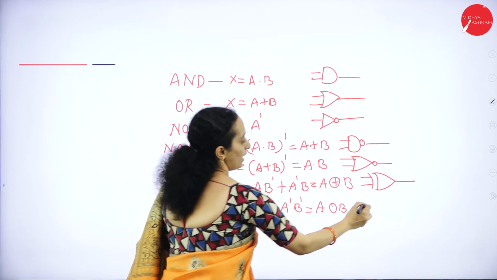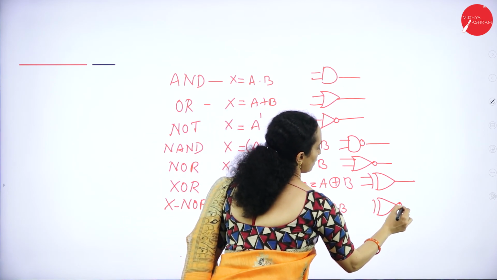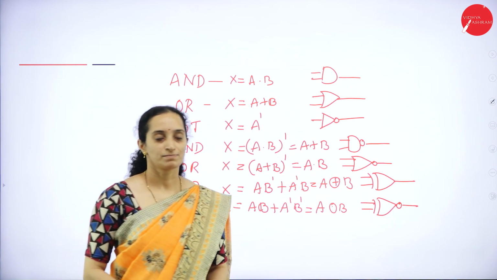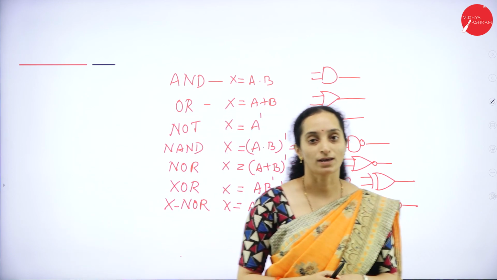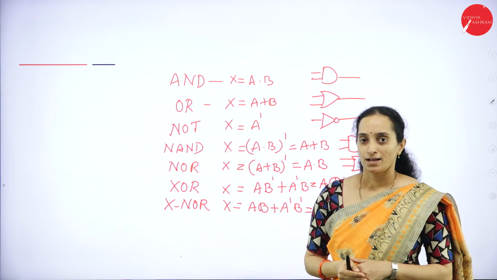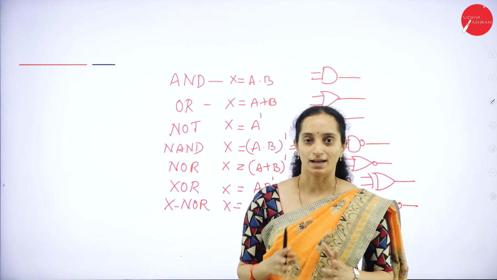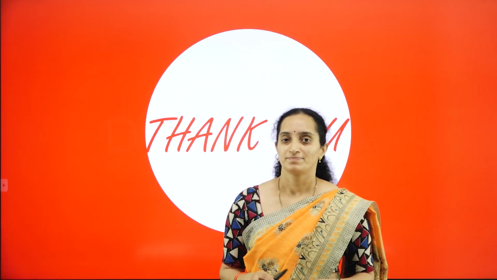And XNOR will be like this. So this is how you can summarize the logic gates you can use in the next unit, that is about the circuits and other concepts. Thank you.